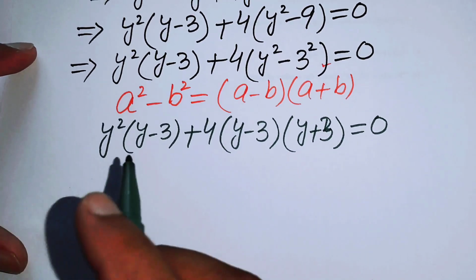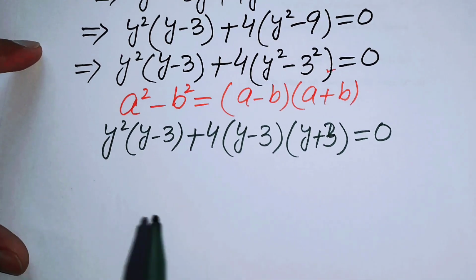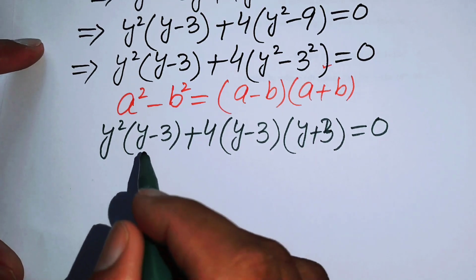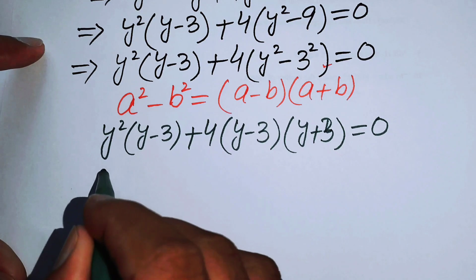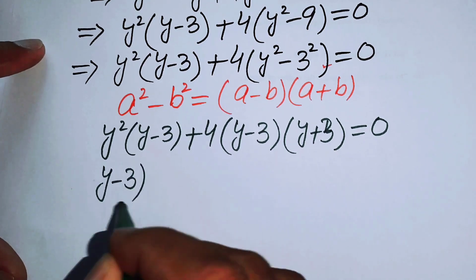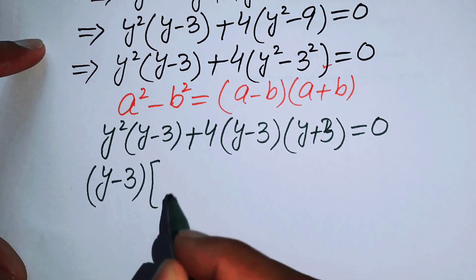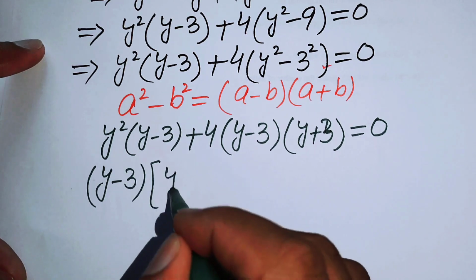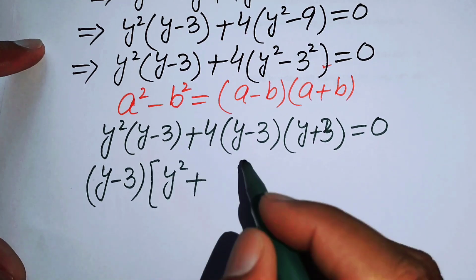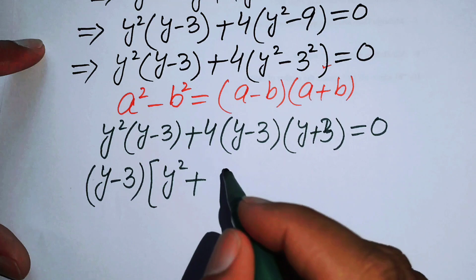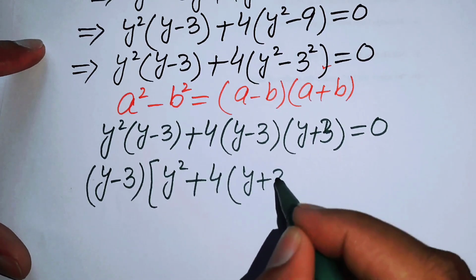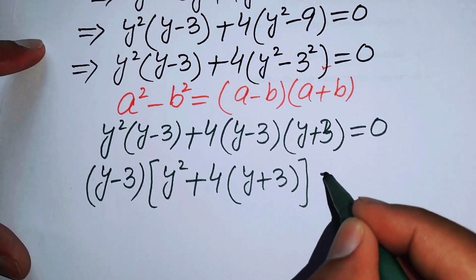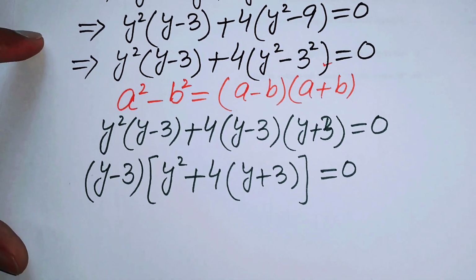Now you focus on both of the terms and you see that y minus 3 is the common term, so we take common y minus 3 on each term, and you get y squared plus 4 times y plus 3, equals 0.